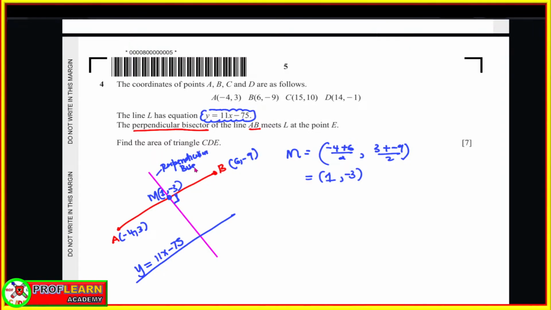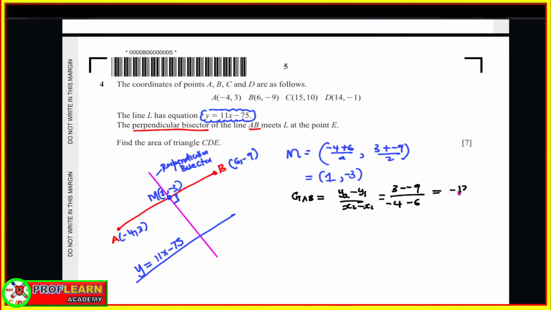We need to find the equation of the perpendicular bisector. Already we have where that perpendicular bisector passes, but we are going to find now the gradient of AB. So gradient of AB is going to be change in y, y2 minus y1 over x2 minus x1, and that is going to be 3 minus 9 over minus 4 minus 6, and if you work it out you get negative 12.